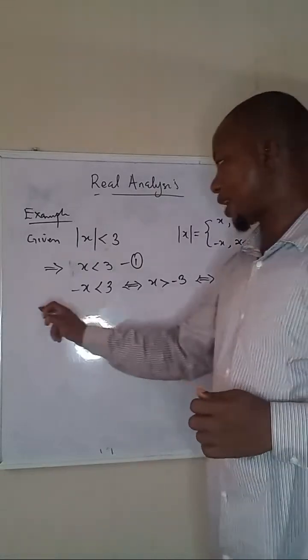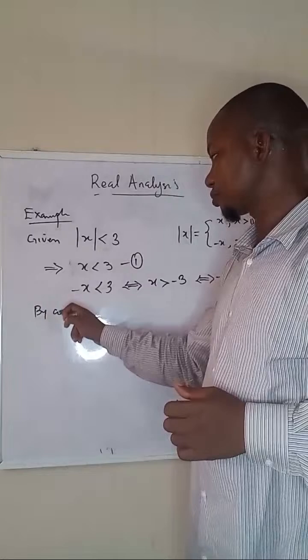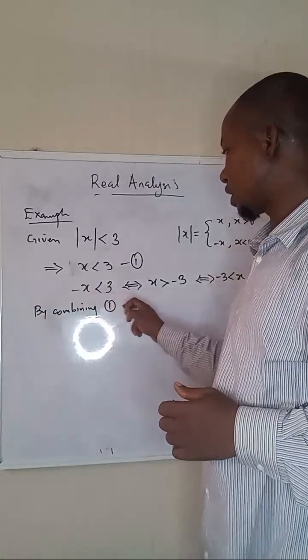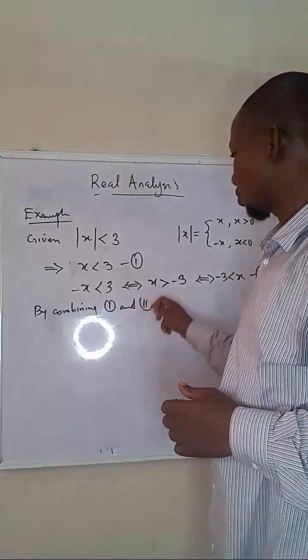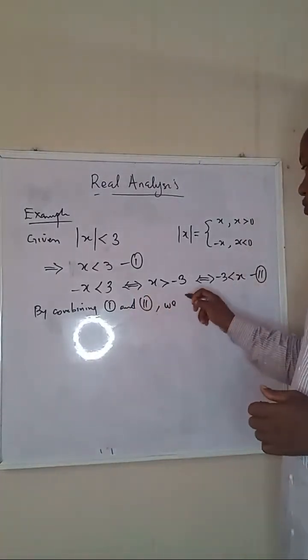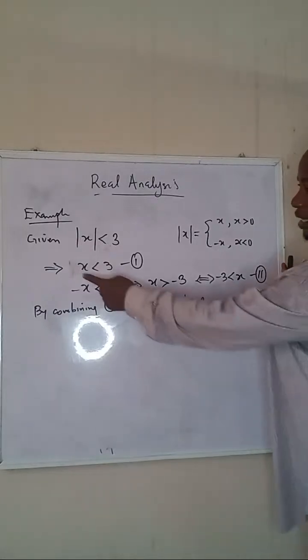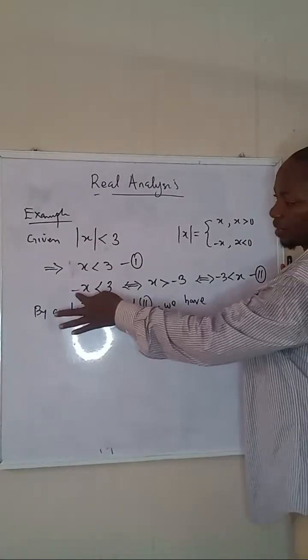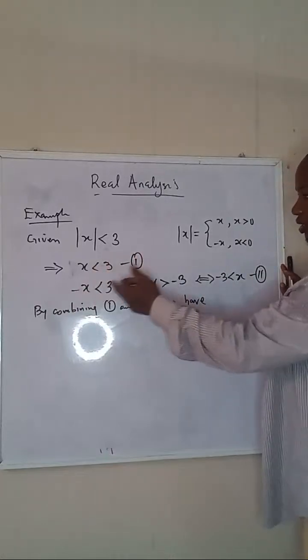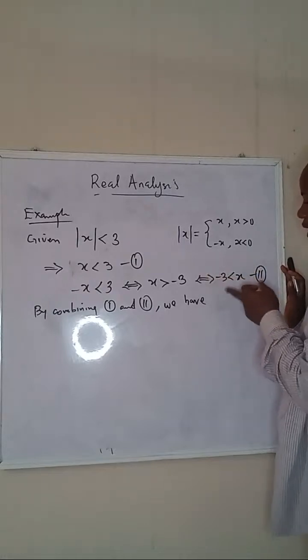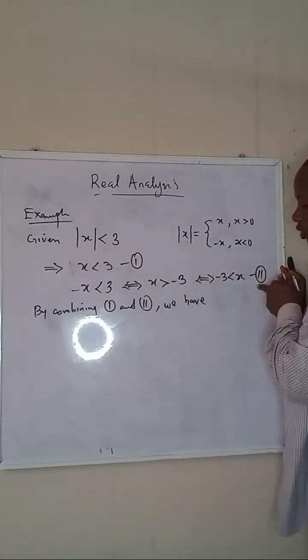So by combining 1 and 2, if we combine x less than 3 and minus x less than 3, minus x less than 3 is what we have here. Now we're going to combine this 1 and 2 together.